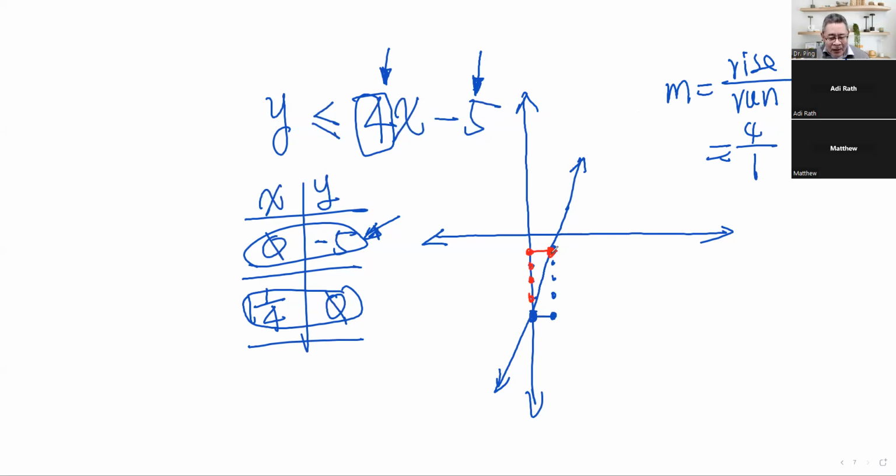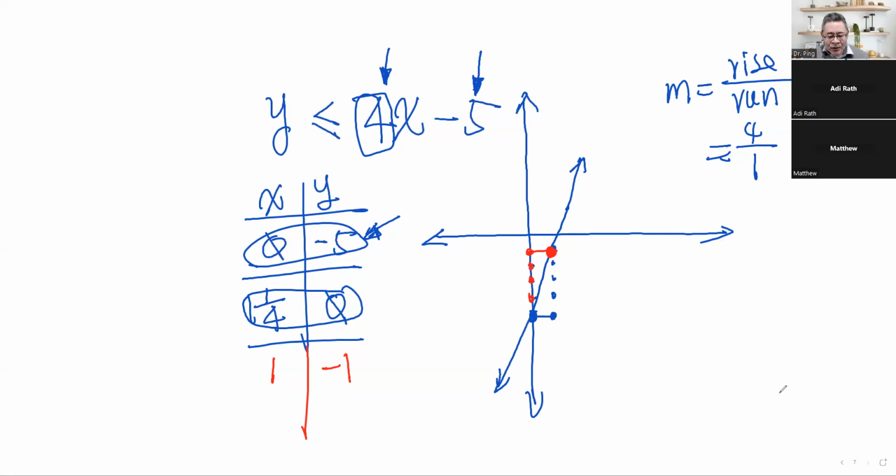Another way of looking at it: when x is 1, our y will be 4 minus 5, which is -1, which is this point. But based on the way they're doing it, you don't have to do the lookup table. You don't have to do the table, you just find the y-intercept, then go based on the slope.